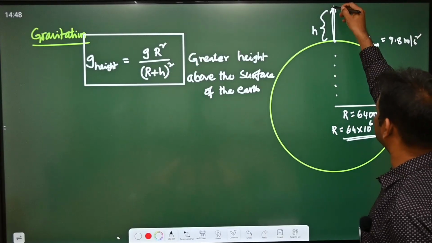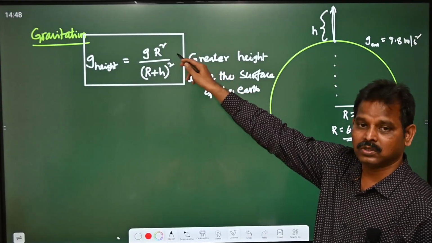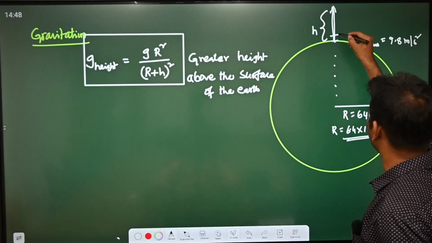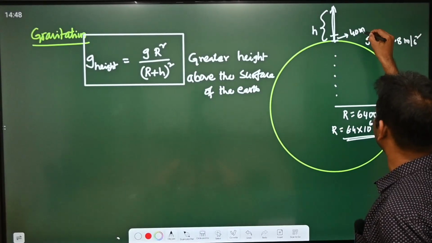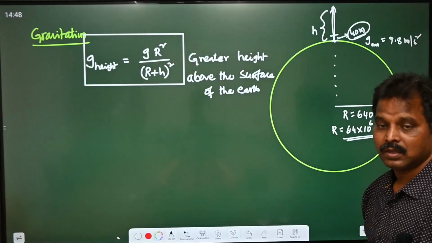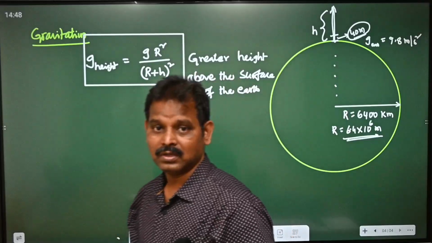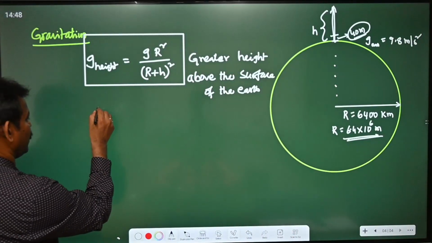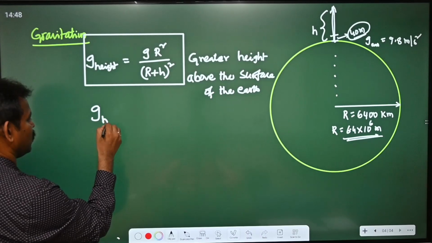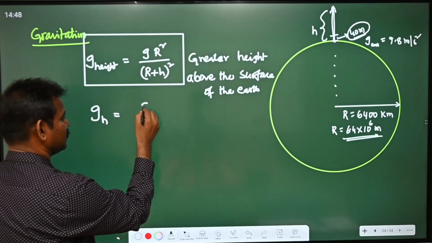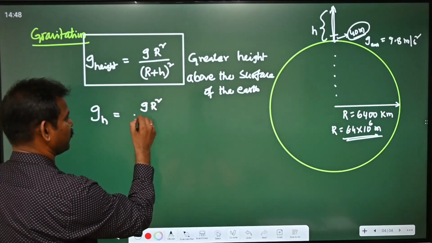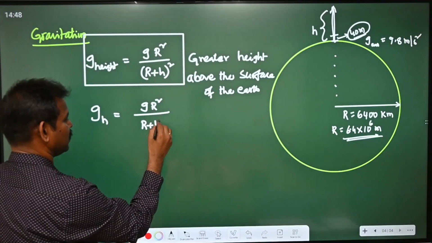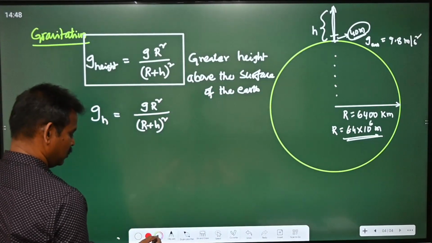If the height is also in kilometers, then you have to use this formula. But if height is only 40 meters, which is very small, then we have to use this formula in another way, that is g at a small height is given by g R square by R plus h whole square.